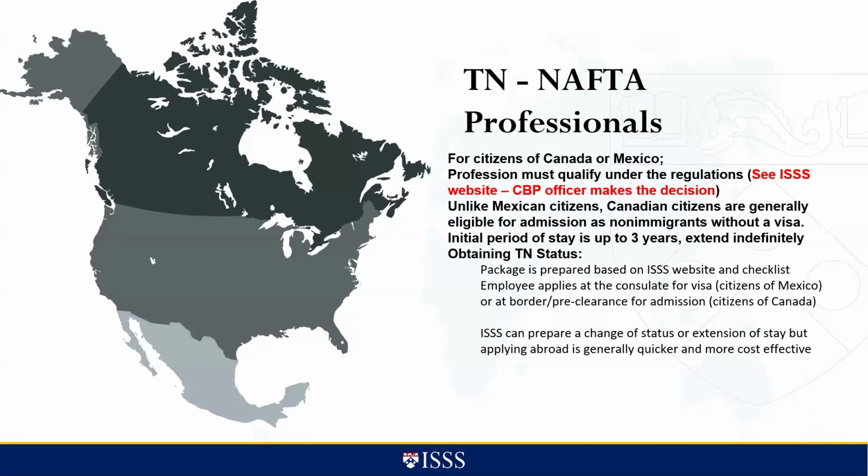But some people like to travel to get TN. It's easier, especially for Canadians. They can travel, come with a letter, and come back on TN. Mexicans still need to get the visa interview. But TN is relatively easier than H-1B. It's become more and more complicated, but it could still be an option to consider.